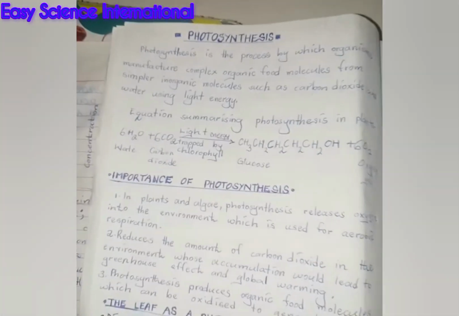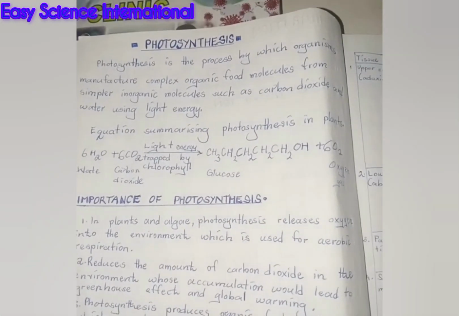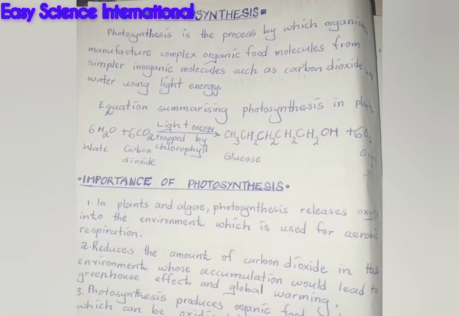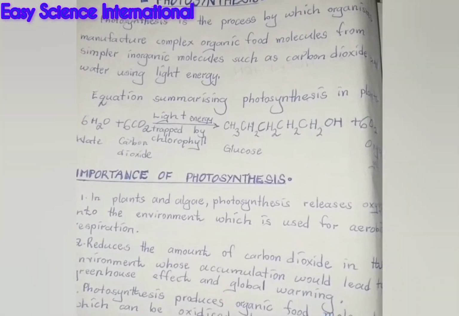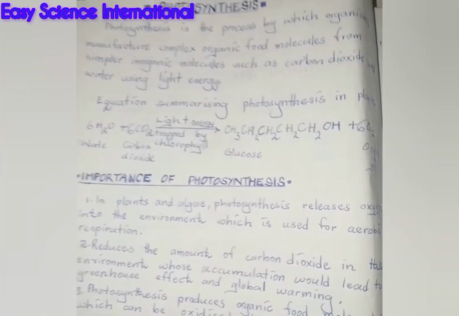So we want to look at photosynthesis, basically. Photosynthesis is a process by which organisms manufacture complex organic food molecules from simpler inorganic molecules such as carbon dioxide and water using light energy.